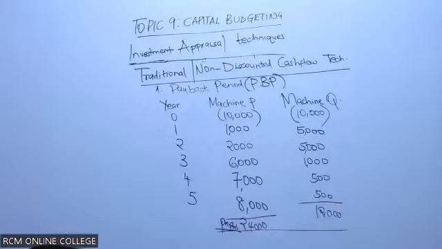Hi, Naomi. What did you get? What are you getting? Machine Q. Okay. What duration does it take to recover the income of machine Q?